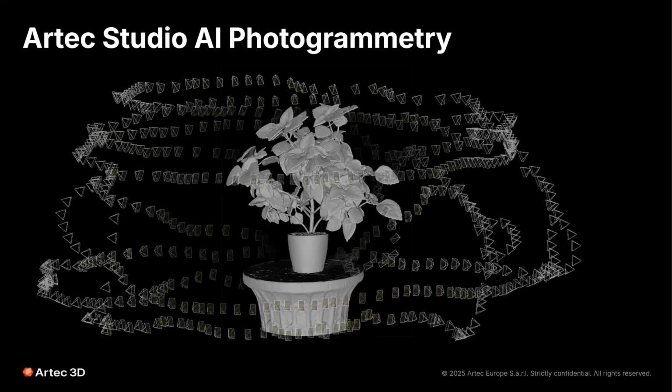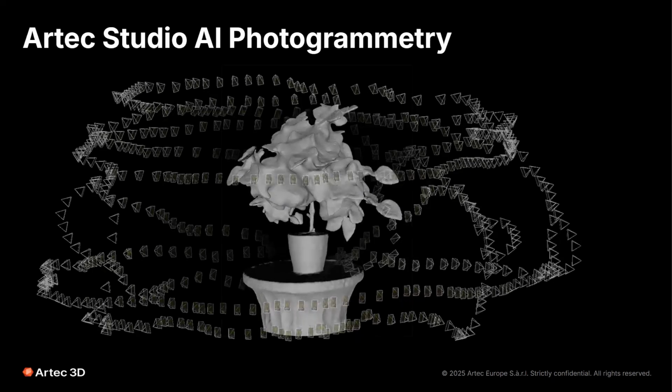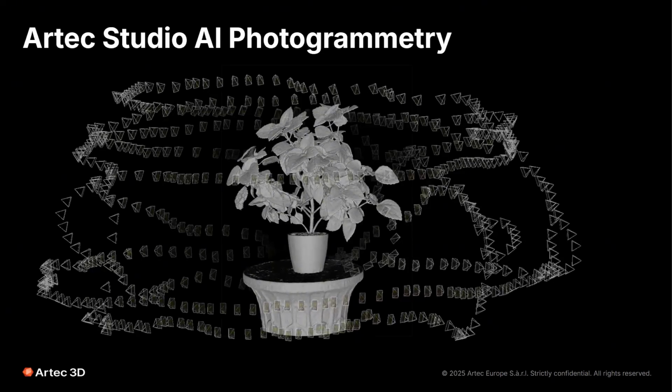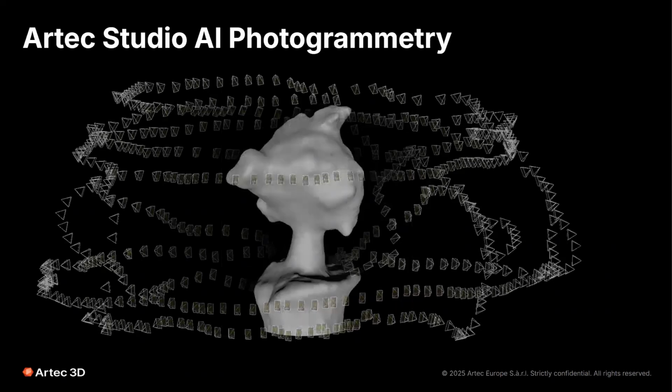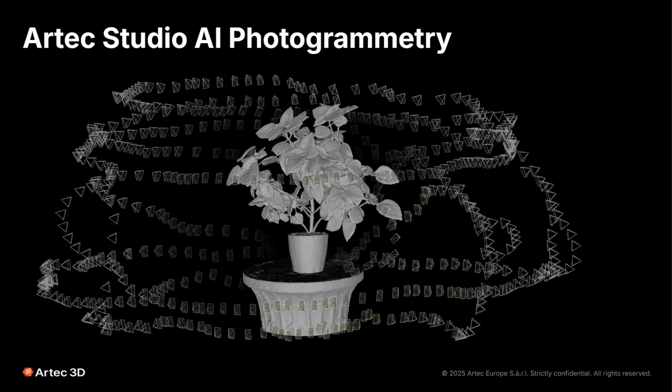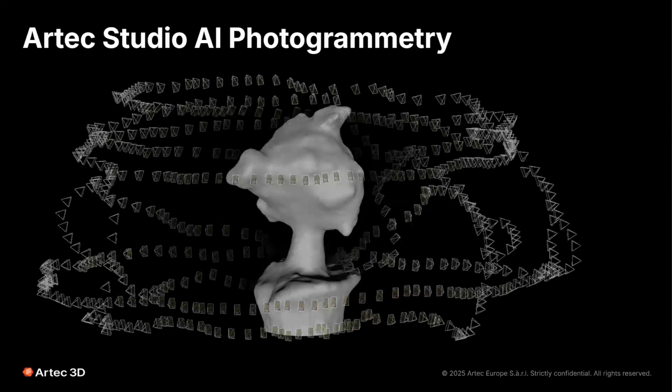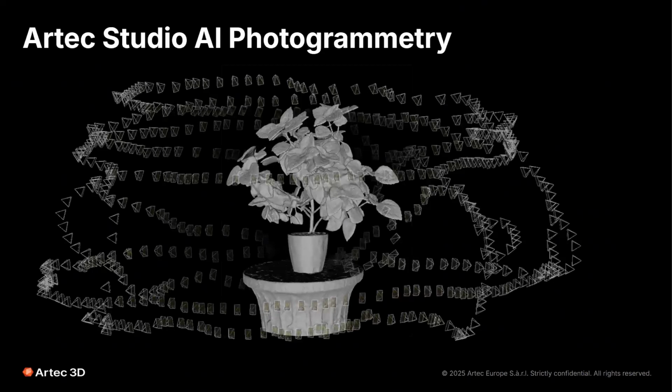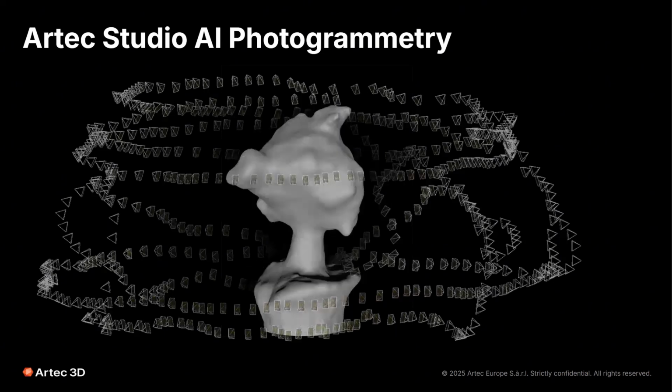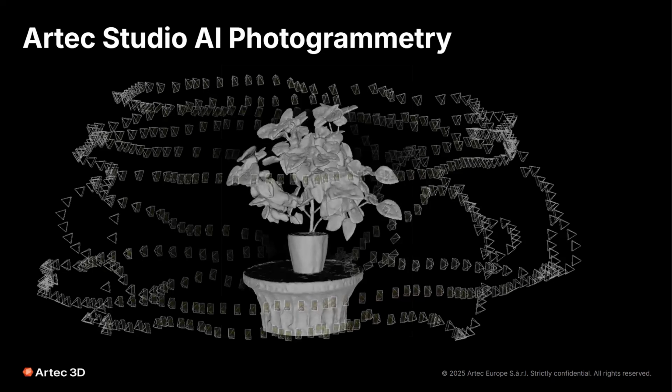We do not imagine objects and features. So in this case, it's not generative AI that we're using. And while generative AI is great for some applications, in our case, AI means advanced reconstruction algorithms that make photogrammetry faster, more reliable, and more accurate.